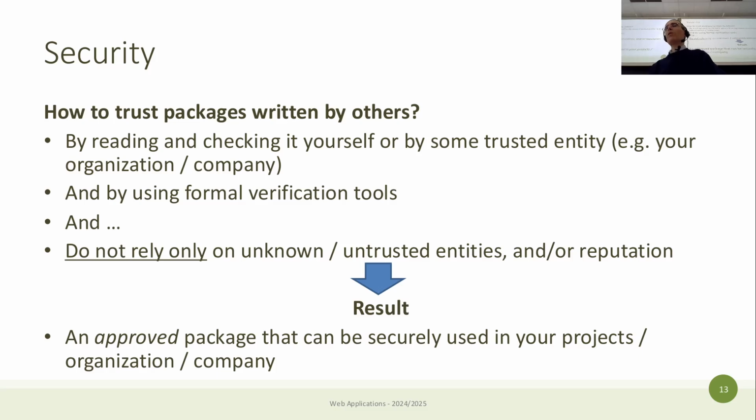You need to be aware of the fact that the problem exists, and that you are delegating the security checks to somebody else. And when you delegate these checks, make sure you delegate to somebody who is trusted by you, not some unknown trusted entities.